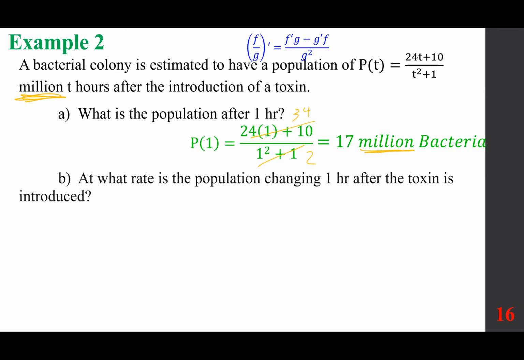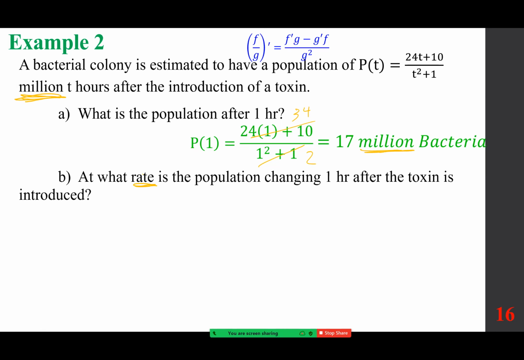At what rate is the population changing 1 hour after the toxin is introduced? Again, we have the rate, which means either average or instantaneous. 1 hour, so 1 point in time, it means instantaneous, it means differentiation, and we have to use the quotient rule.